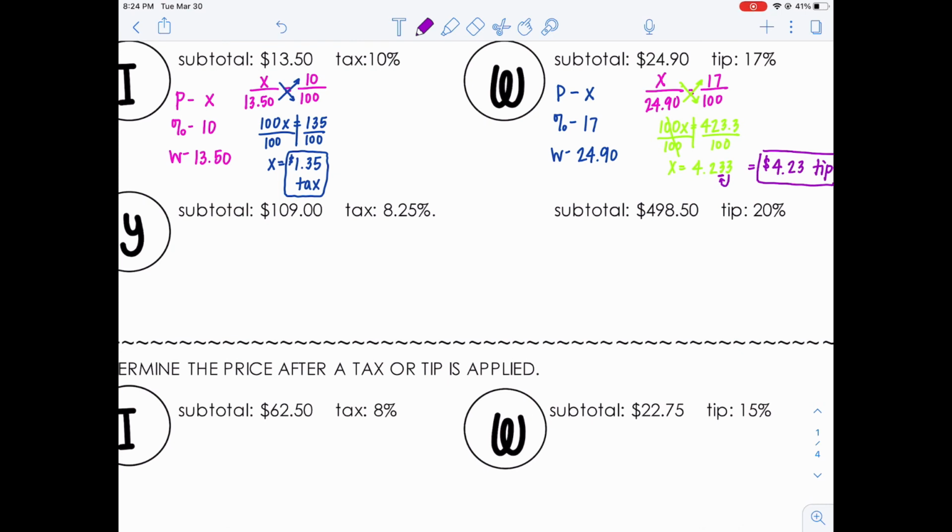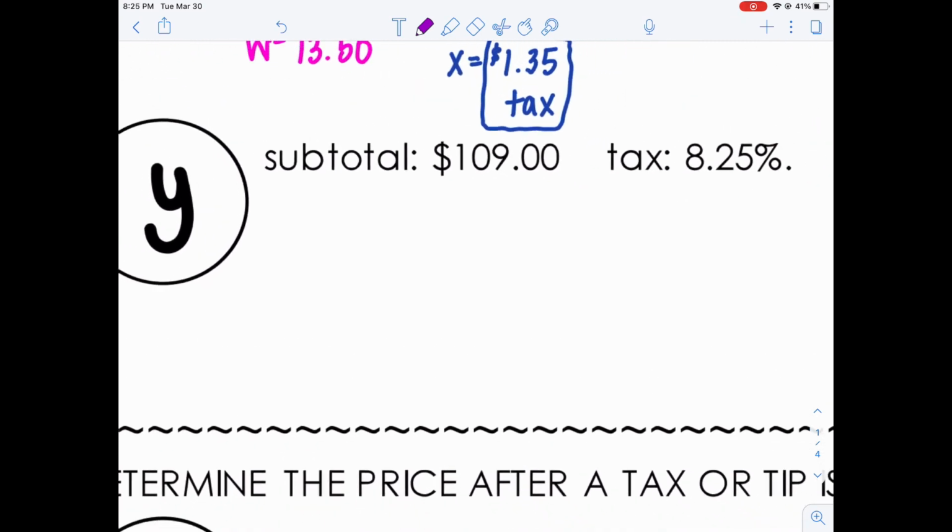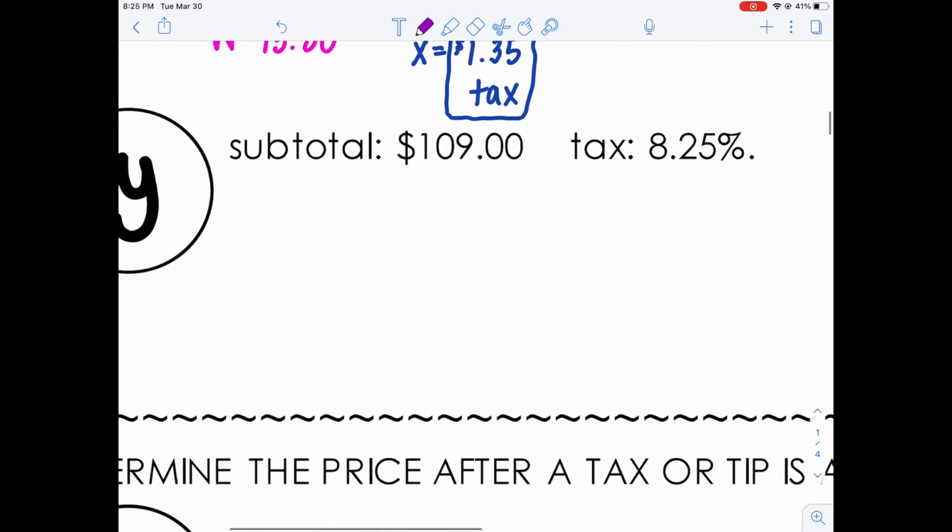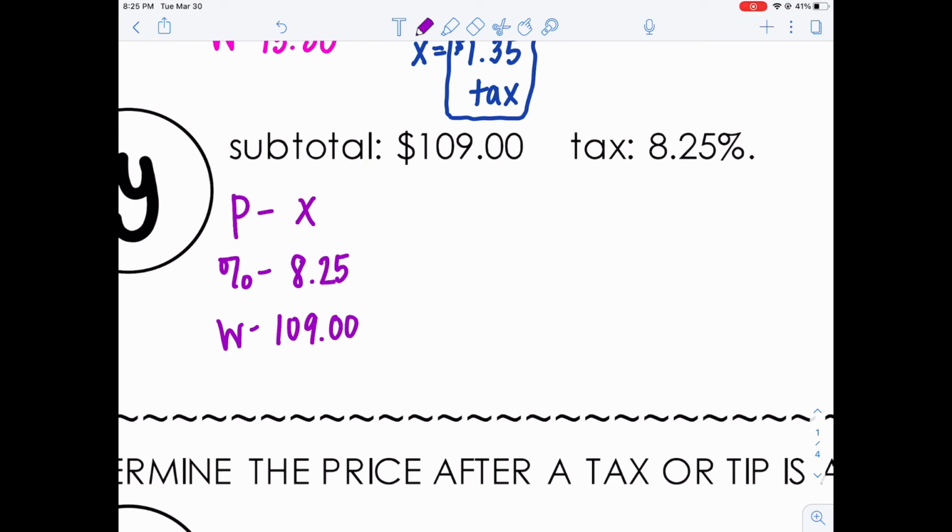All right, now that you've had a chance to go ahead and do them yourself, let's go over them. First thing, part, percent, whole. X is my part, 8 and 25/100ths is the percent, and 109 is the whole.